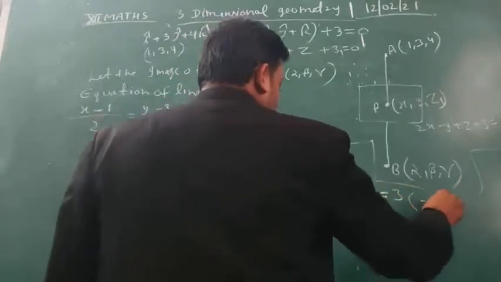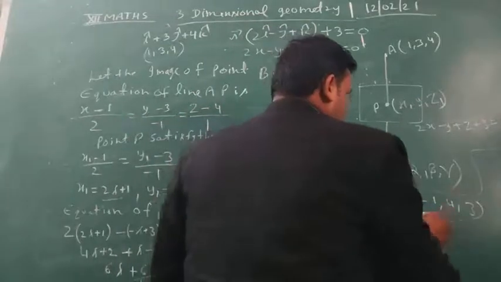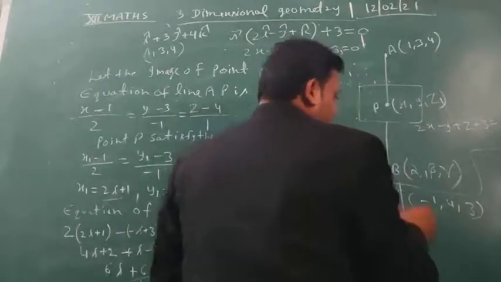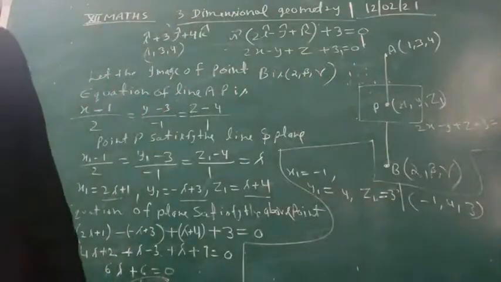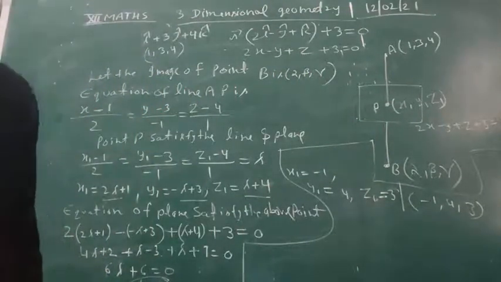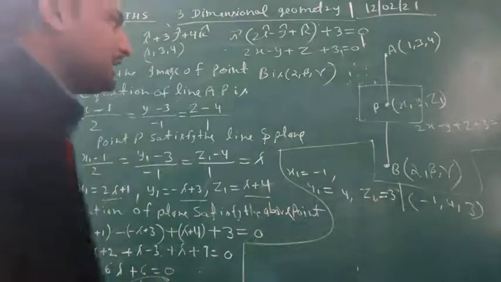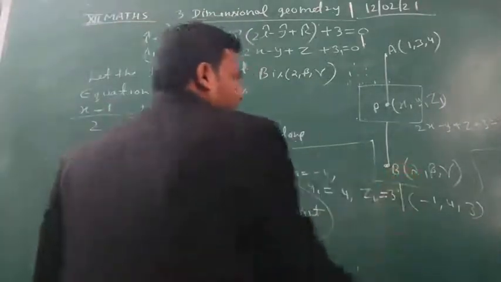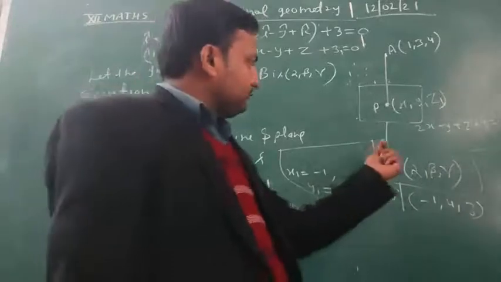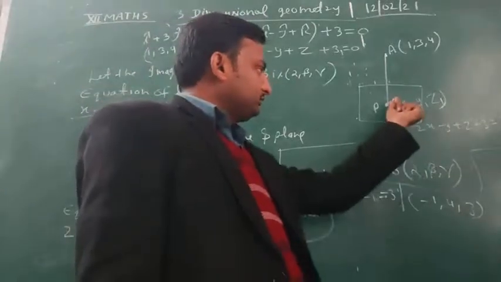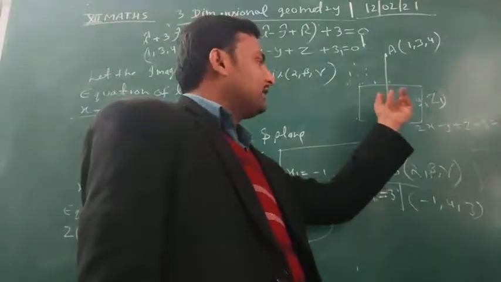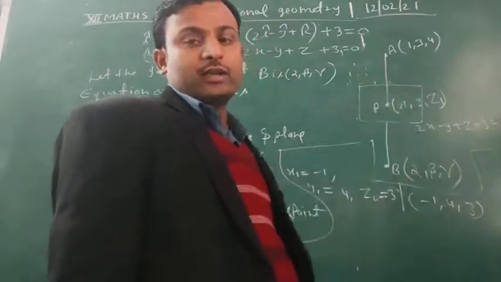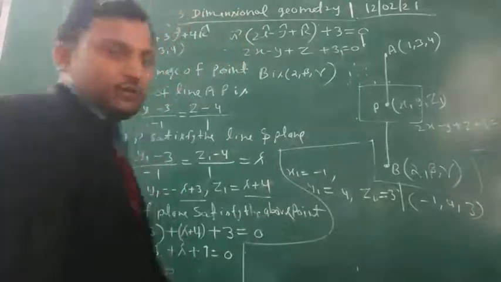So coordinate of point P is minus 1, 4, 3. Okay students, and now we find the image. You know students, the image is at equal distance from the plane as the distance of the object.